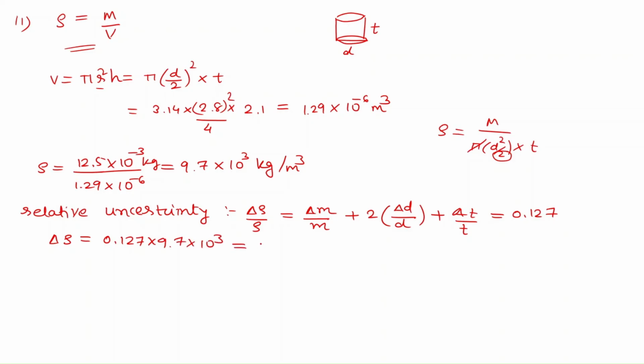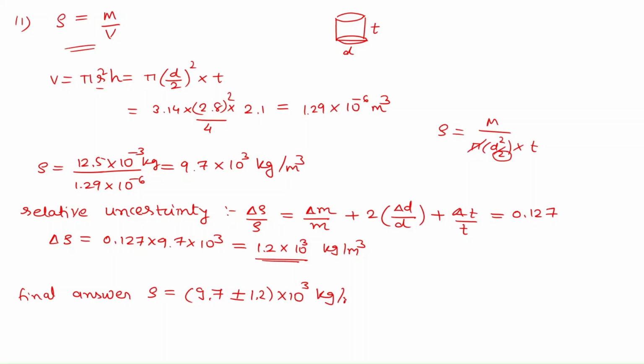And we got the answer 1.2 into 10 to the power 3 kg per meter cube. This is the uncertainty. Okay. Now, the final answer: rho is equal to 9.7 plus or minus 1.2 into 10 to the power 3 kg per meter cube. Always write the unit. Otherwise, marks will be deducted here. Okay.